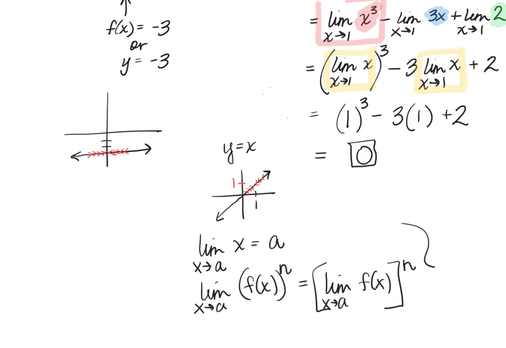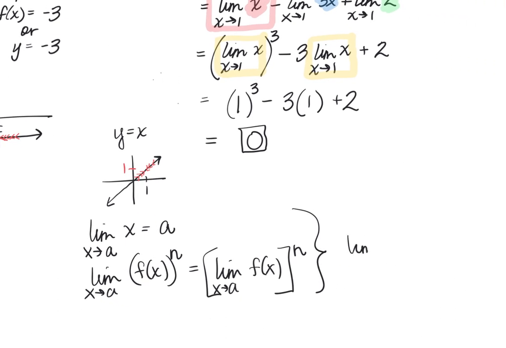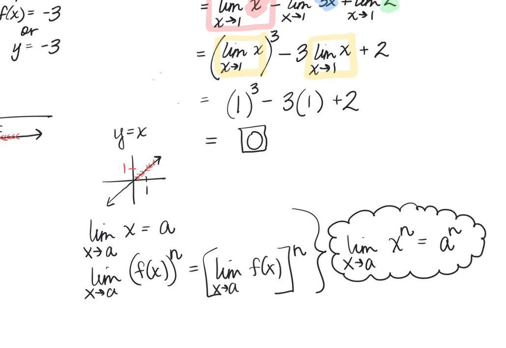So if we put these two together, we then know that the limit as x approaches a of x raised to a power would just be the a value raised to the power. This particular law doesn't have a special name, but we do use it as a limit law.